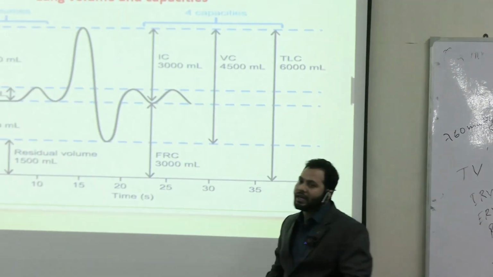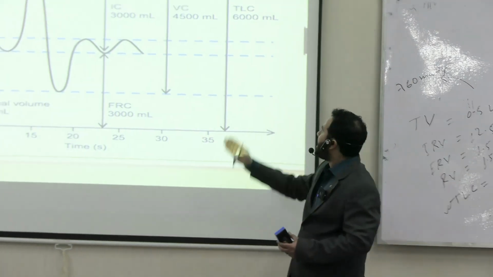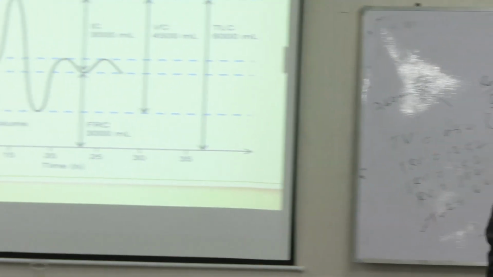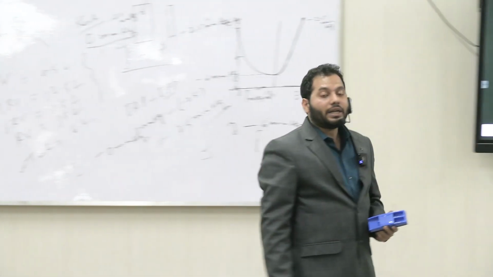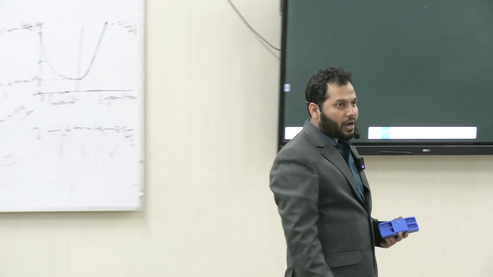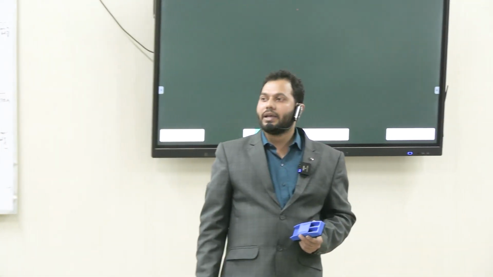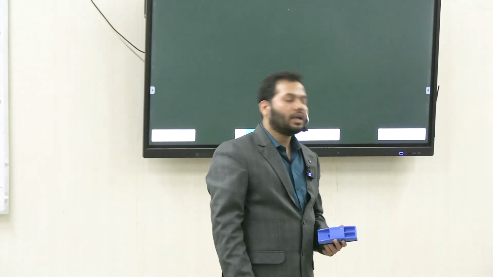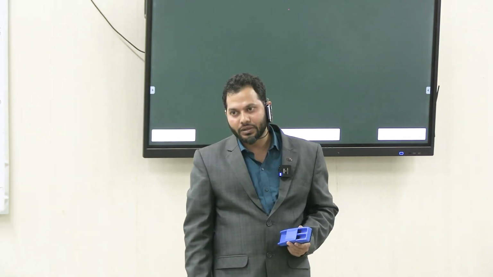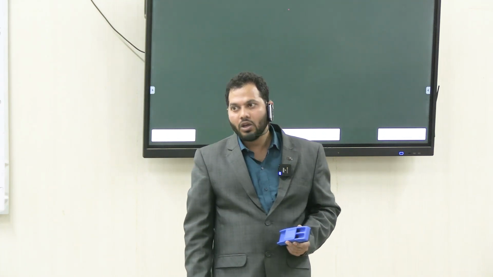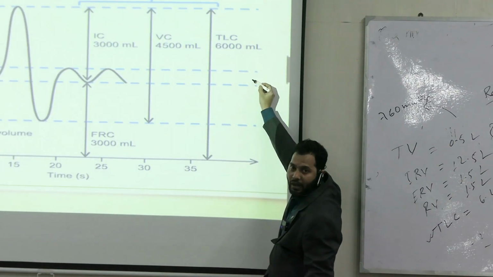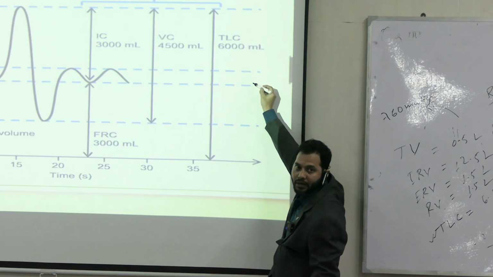Now see, other than total lung capacity, what is the meaning of vital capacity here? So vital capacity, or forced vital capacity, is the volume of air inspired and expired during forceful inspiration and forceful expiration, right? In the normal breathing process, the volume was only 0.5 liter.